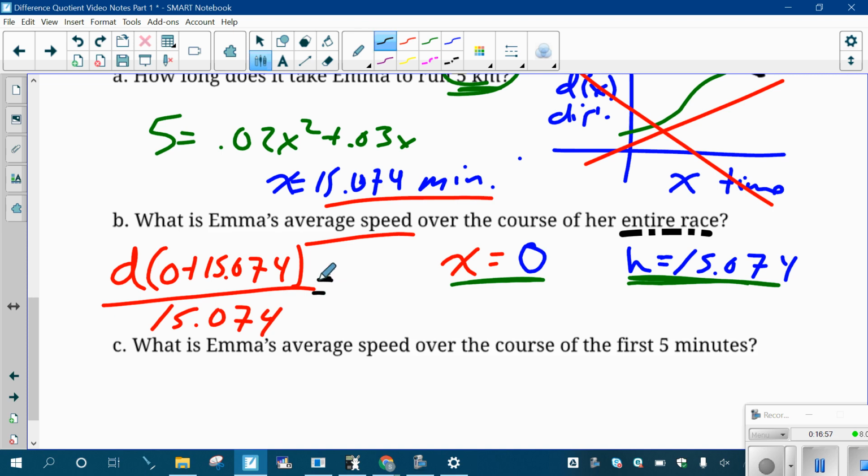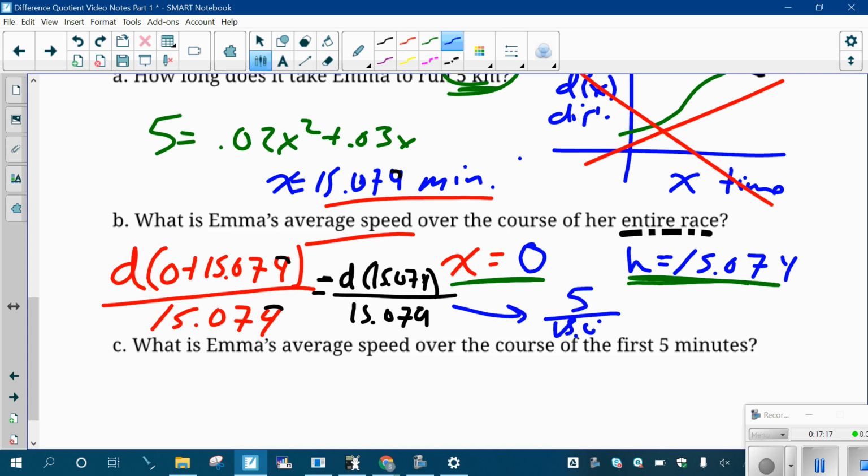Well, that's d of 15.079 divided by 15.079. What is d of 15.079? How far had she gone in 15.079 minutes? Well, she'd gone the 5 kilometers in 15.079 minutes. Type it in our calculator.